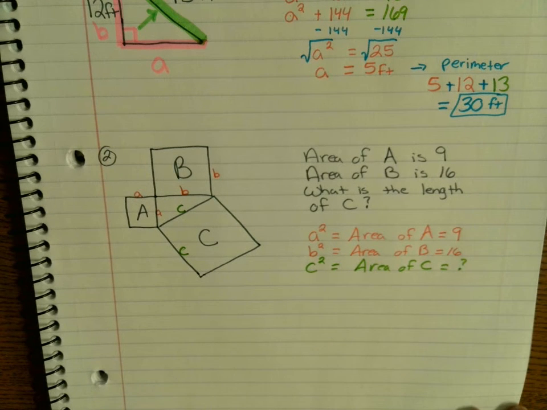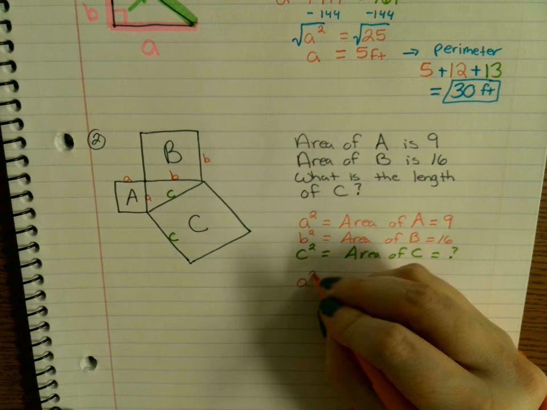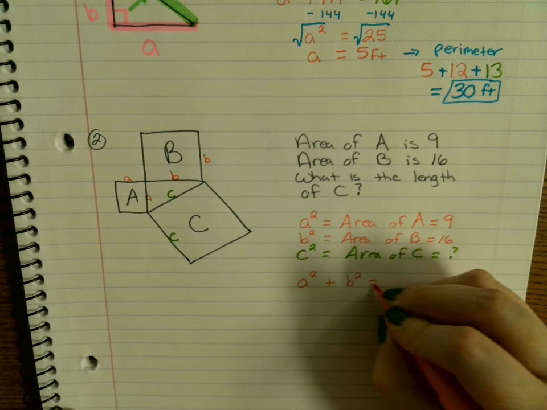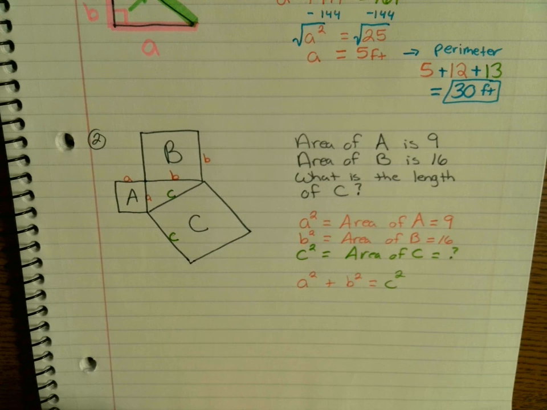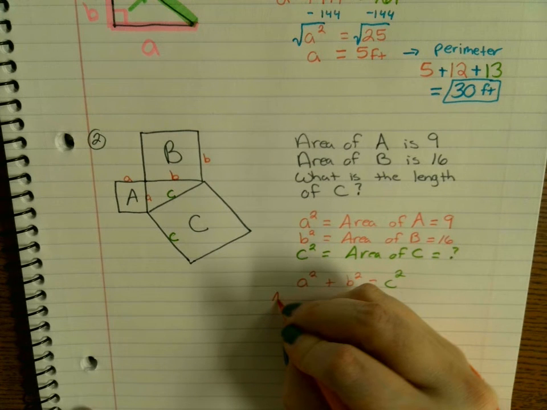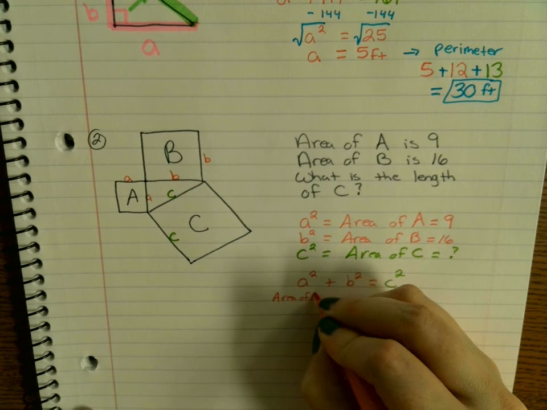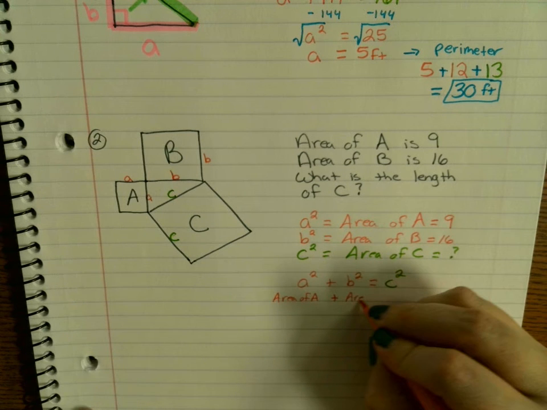But we do know that the Pythagorean theorem says a squared plus b squared is equal to c squared. And we know a squared is the area of A, plus b squared is the area of B, and that's supposed to be equal to c squared.